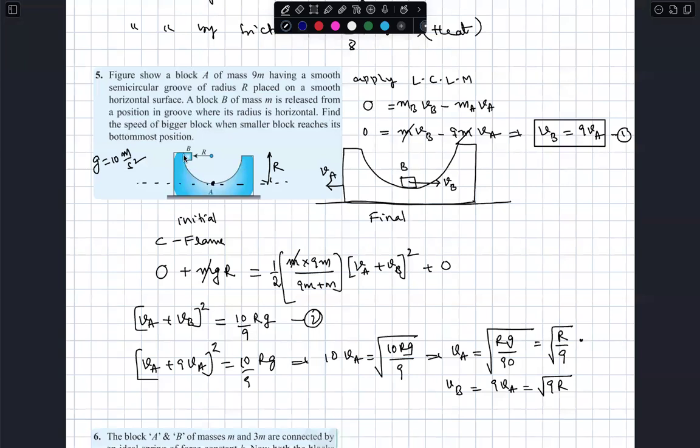Because everything is at rest initially, there is no linear momentum along the x direction. I am applying the law of conservation of linear momentum along the x-axis. You are not allowed to use it along the y-axis because of weight; mg is an external force there. Now, this is the initial stage and this is the final stage.